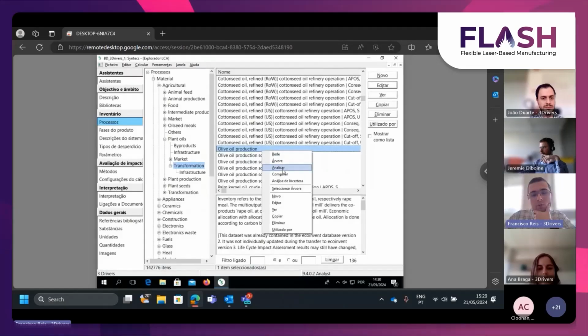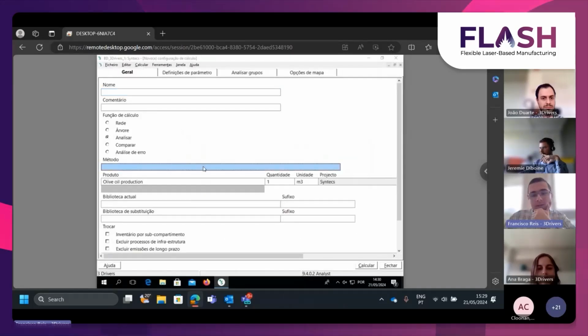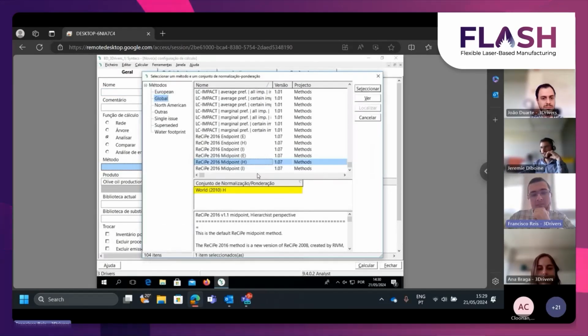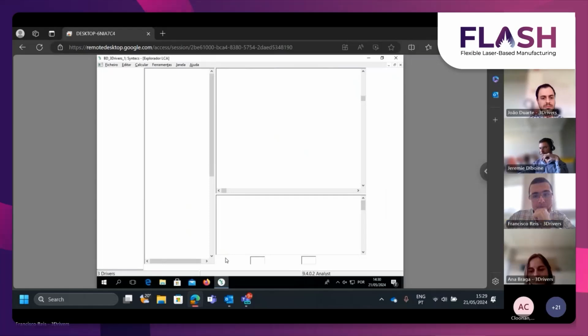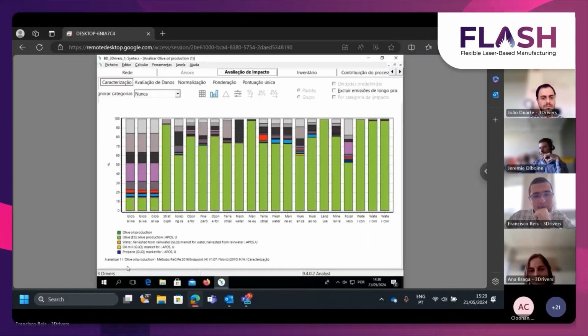Okay, so we would go here and analyze and pick the methods, but instead of midpoint, we would choose endpoint and calculate. And then, exactly. Now we have the endpoint results.